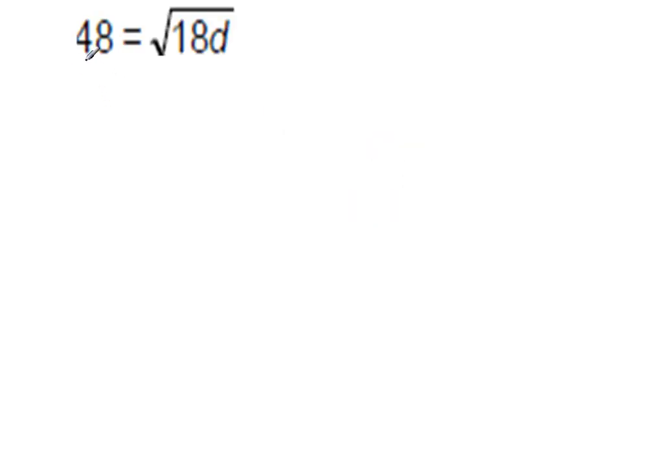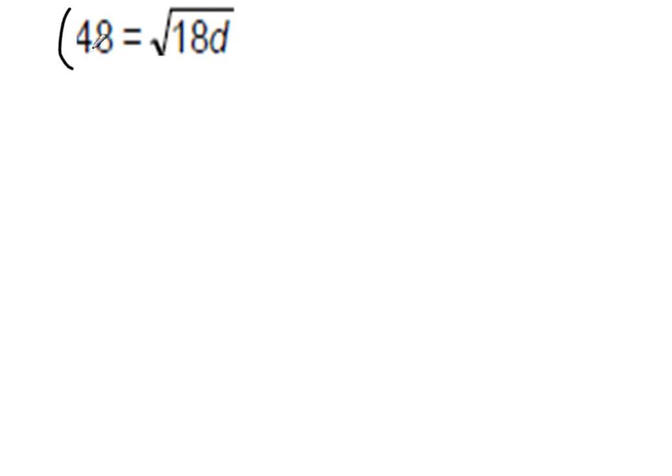So let's look at some examples. Example number 1, I have 48 equals the square root of 18d. Now this is a radical equation because your variable is underneath the radical. So step number 1 was to isolate the variable. Well, the variable is already isolated. We've isolated that radical sign. So step number 2 is to square both sides.